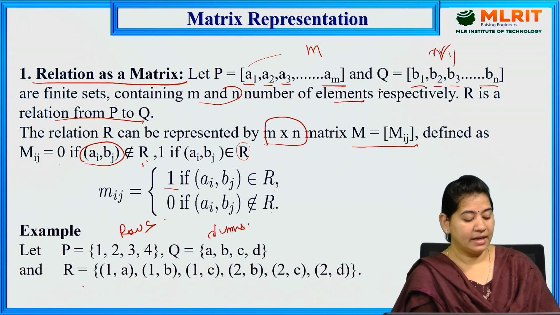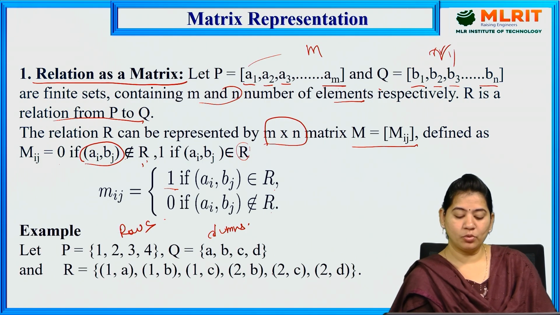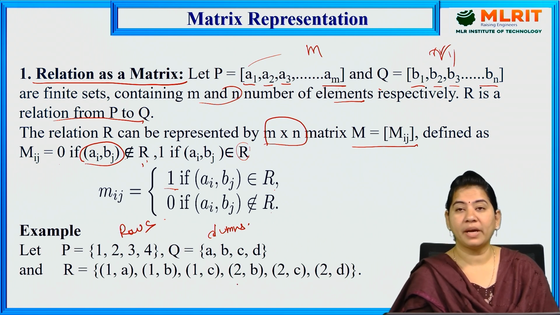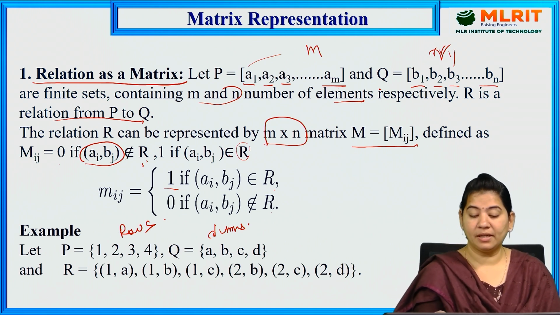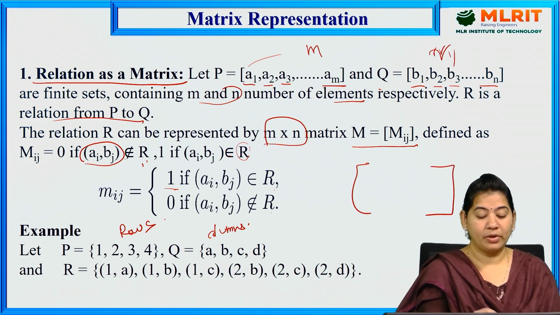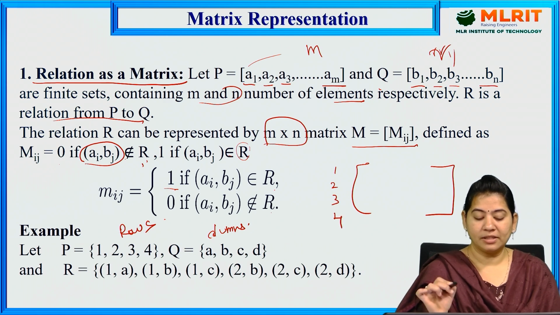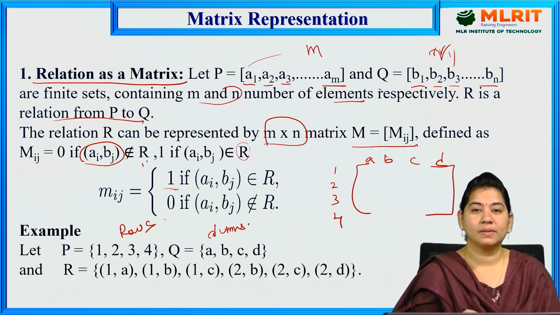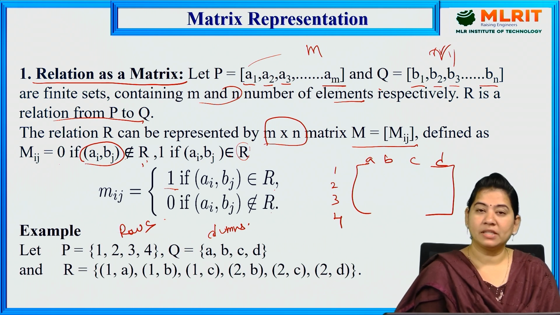Now, R is equal to {1A, 1B, 1C, 2B, 2C, 2D}. Now, you have to represent this in the form of a matrix. As I already mentioned, the first set you consider as rows, 1, 2, 3, 4, and the second set as columns.